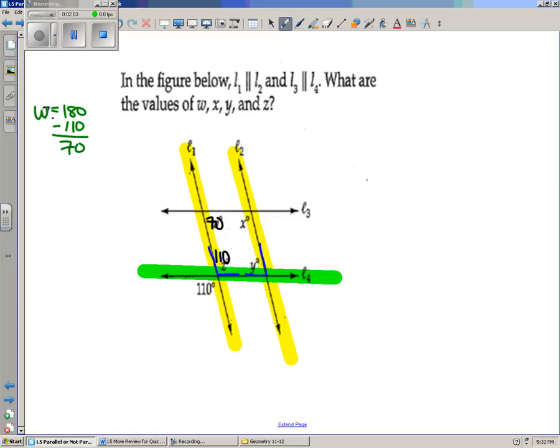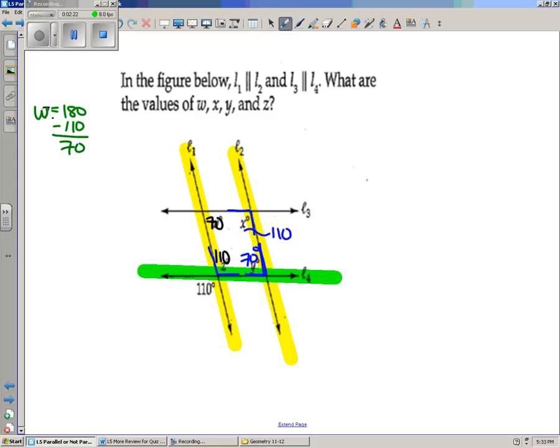So basically, angle Y is 70 degrees, just as angle W is also 70. And the same thing now applies. We have the 70, which is acute, and this X, which is obtuse. So that is also 110.